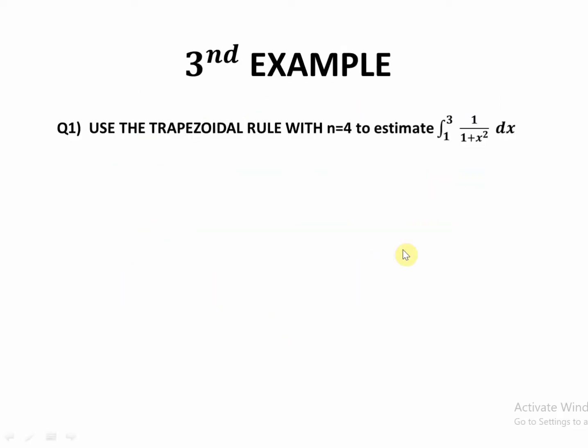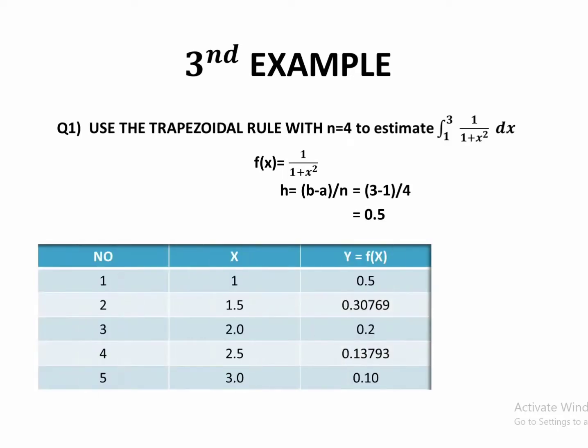Now the third example is the function f of x equal to 1 upon 1 plus x square, and the limit is 1 to 3. So the width of the strip h is equal to b minus a, means 3 minus 1 by 4, so this is 0.5. Now prepare the table and write the values of x and find the value of y equal to f of x, which is 1 upon 1 plus x square.